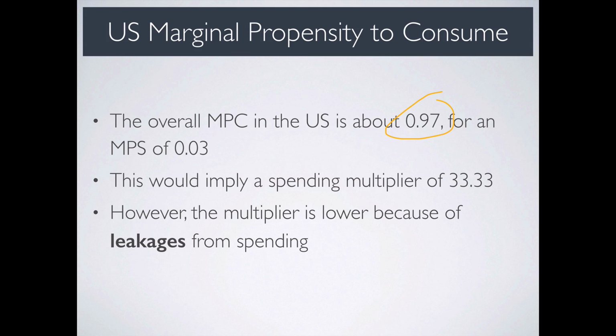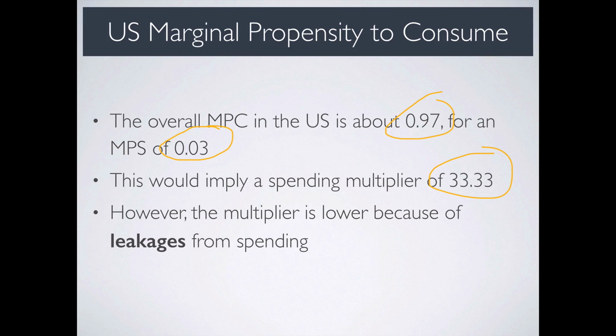In the United States, the overall marginal propensity to consume is about 0.97. That means the marginal propensity to save is about 0.03. Now this would imply that the spending multiplier is about 33 and a third, and that is a lot higher than the multiplier probably is.